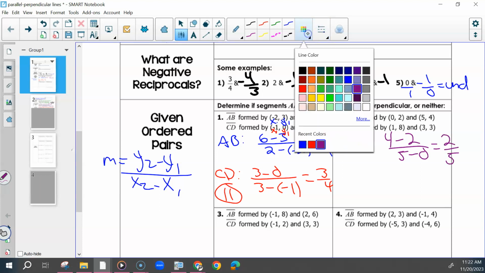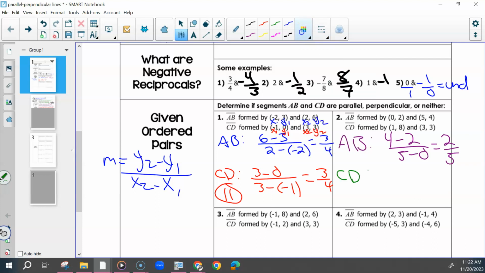Then find the slope of CD. So 3 minus 8 over 3 minus 1. Negative 5 over 2. So would these slopes be parallel, perpendicular, or neither? Perpendicular. Correct.